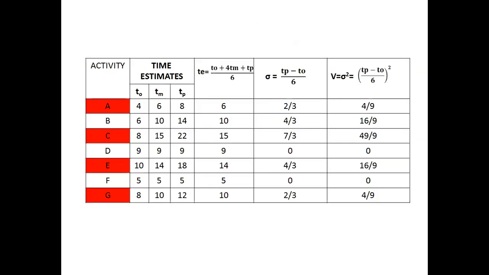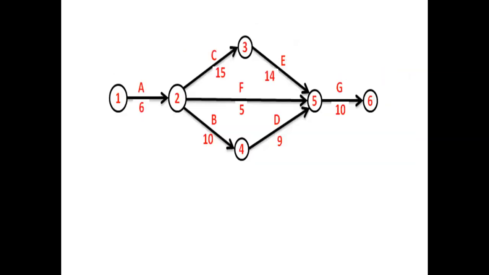And let us mark on the network diagram the critical activities. First one is activity A, then activity C, then activity E, and activity G. This A, C, E, G, which is the unbroken chain of these critical activities, indicates the critical path.